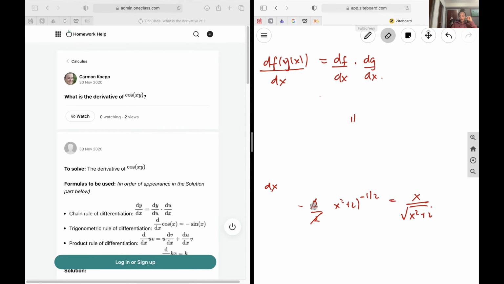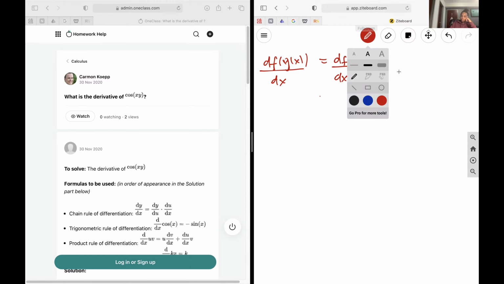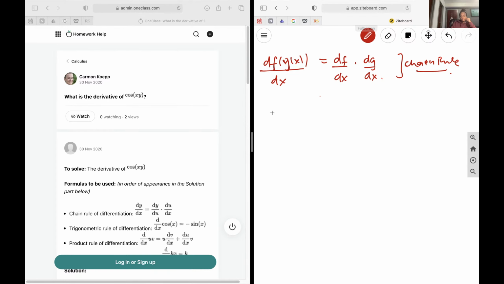Now let's apply it to what we have here. This is the chain rule, I believe. So I have cos of u, basically.